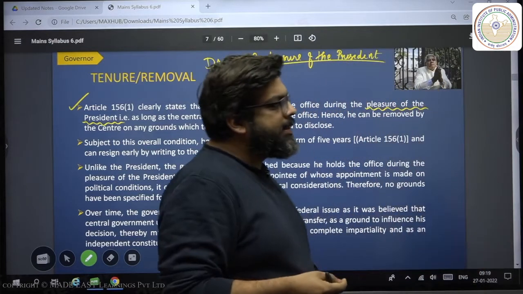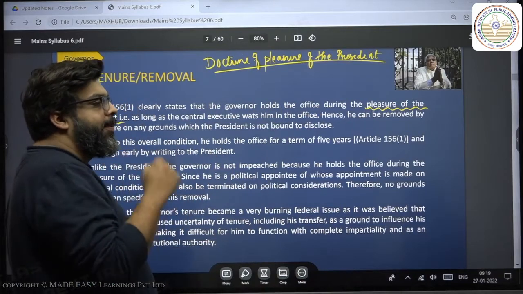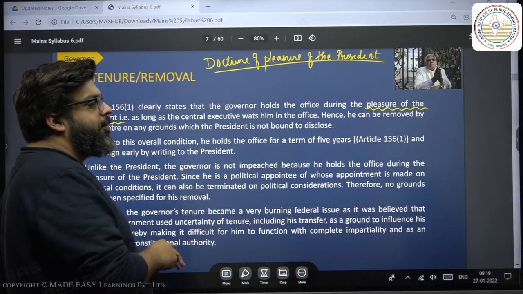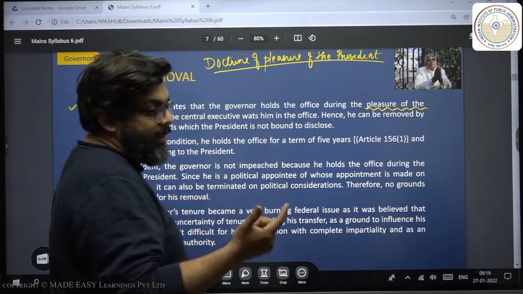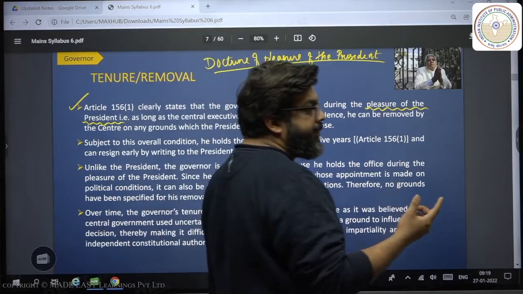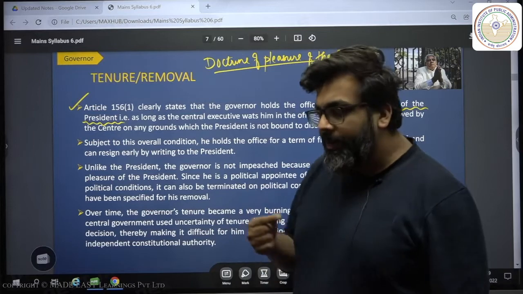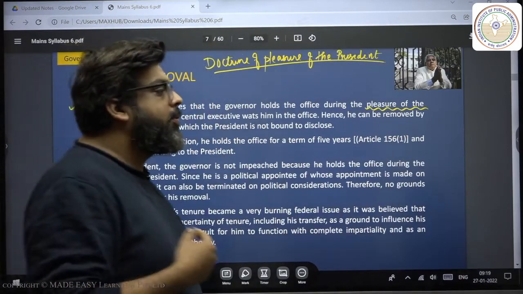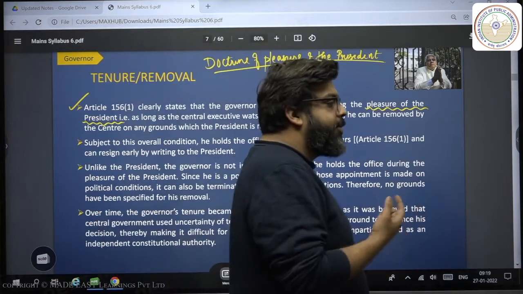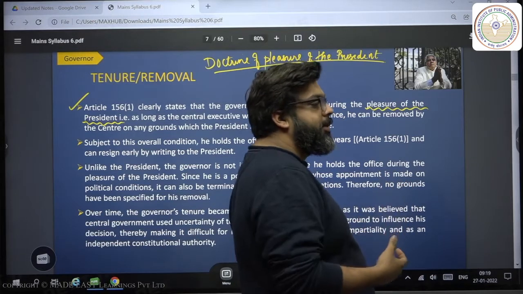Now, this means that the Council of Ministers can advise for your appointment and can advise for your removal, and you would be removed effectively. Like, for example, in your case as civil servants, though your appointment is made in the name of the president, you don't hold office per se during the pleasure of the president, because there is a constitutional process.